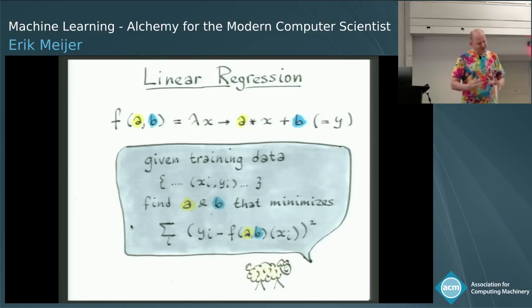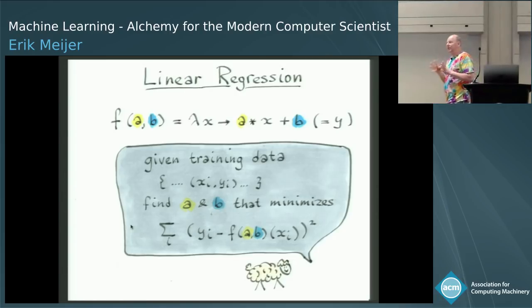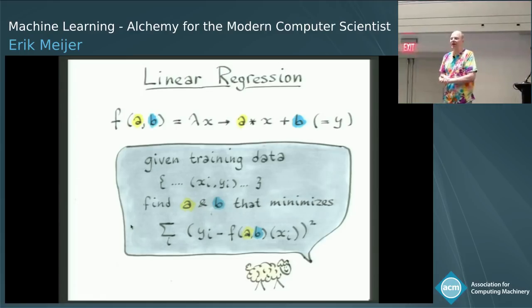When I say that you just throw the data at this thing, that's also why the title says Alchemy: there's a lot of black art here. How do you find this specific error function? Well, you just pick this error function. For other things, you pick other error functions. That's also why I think this field can use the help of programming language people.